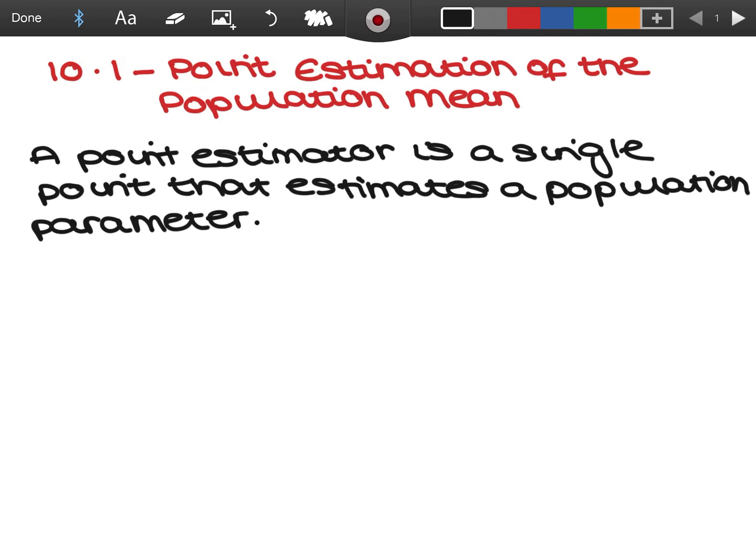Okay, the population parameter that we tend to look at through these two sections is the population mean. So we want a way that we can estimate the population mean by using a single point.